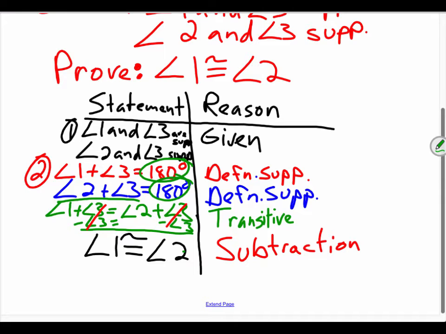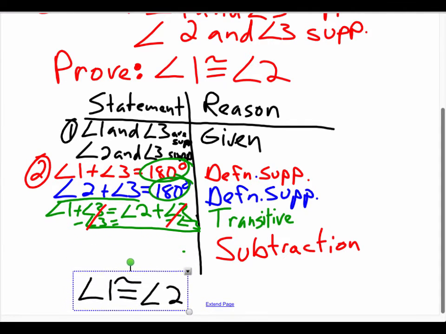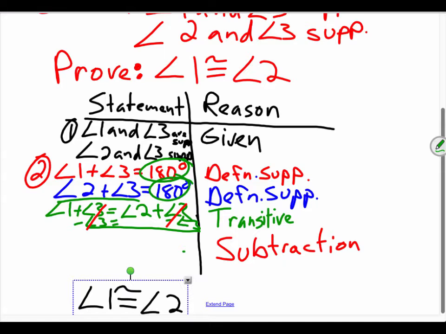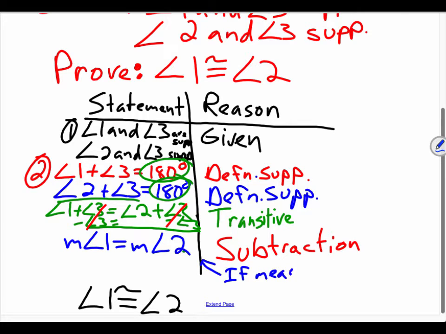And your textbook actually went a step further and said that if the measures of two angles are the same, then they are congruent.